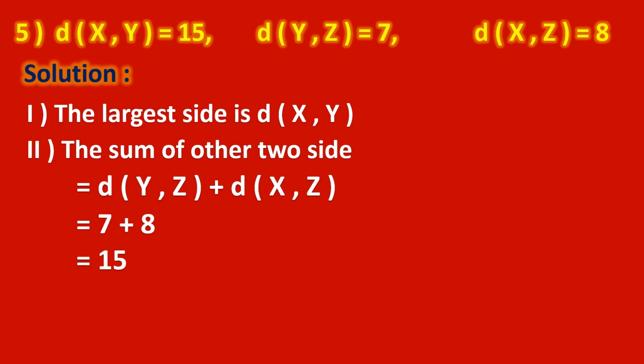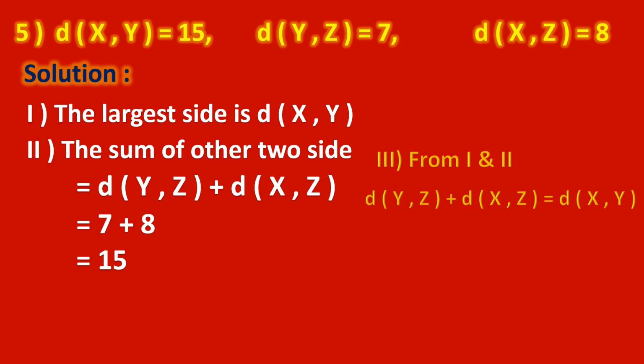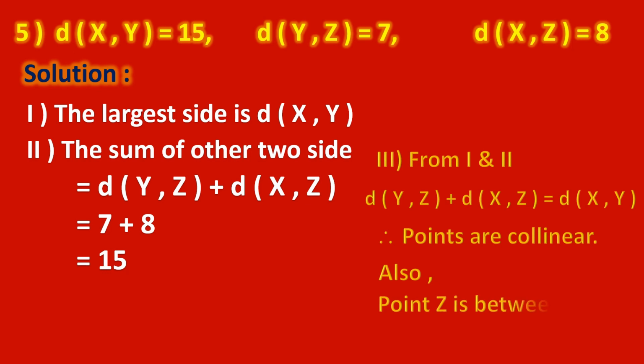Here the largest side, that is XY, is also 15. Therefore, from first and second, we can write distance YZ plus distance XZ is equal to distance XY. Therefore, points are collinear. Since XY is the largest, therefore point Z is between point X and point Y.